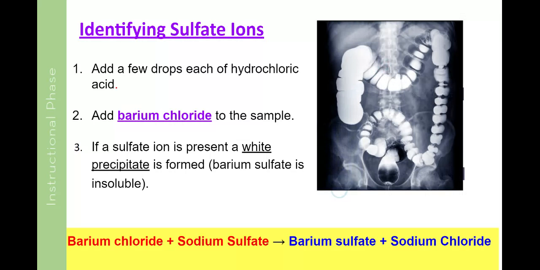Now, barium sulfate, because it's insoluble, does have some uses. A use of barium sulfate is if somebody's got problems with their digestive system, because the digestive system is made up of tissue and not bone, it doesn't show up very well on x-rays. So what they do is they'll give you what they call a barium sulfate meal or a barium sulfate drink.